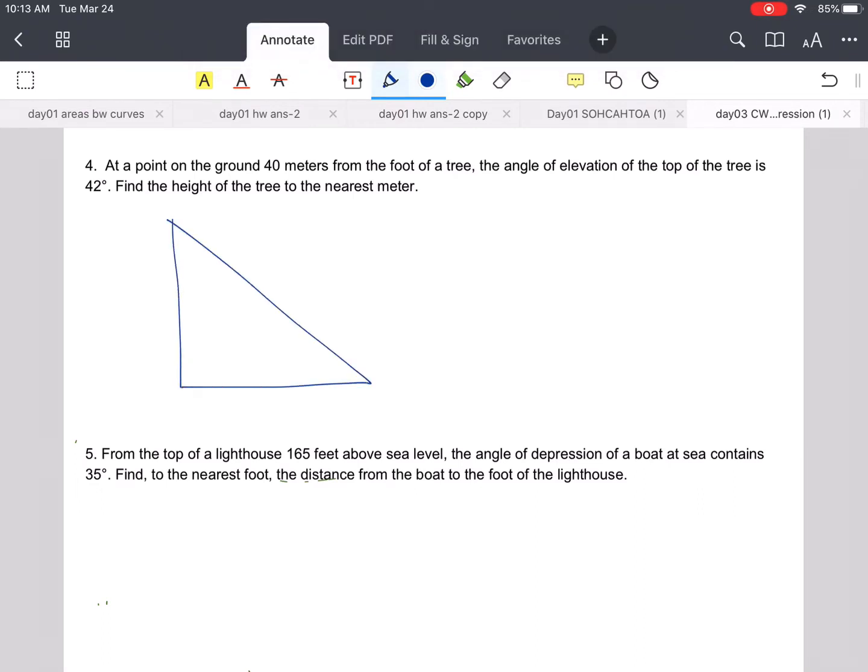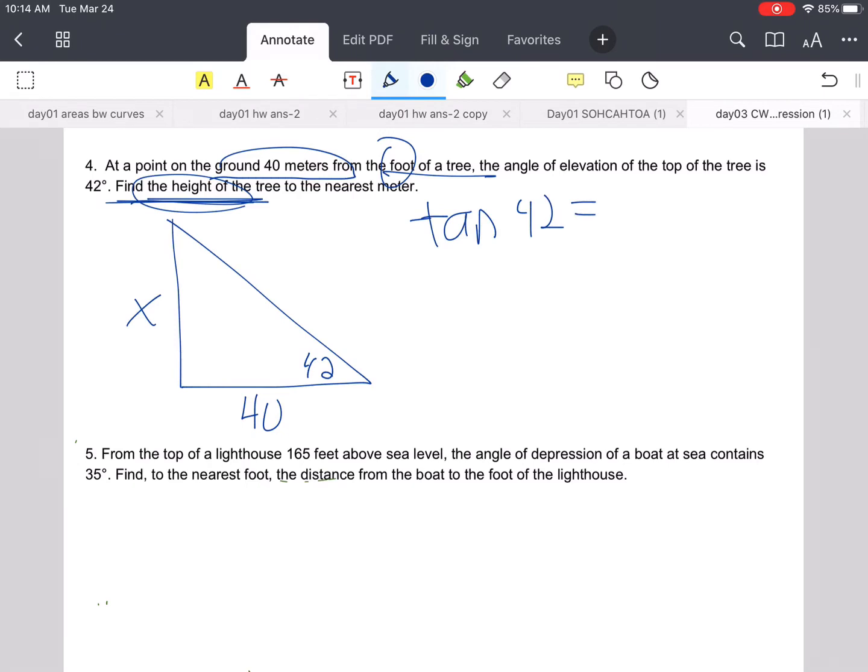Okay, so let's see, you have a triangle 40 feet from the foot of the tree, so that 40 goes down there, angle of elevation is 42, and find the height, that's x. So this is going to be tan of 42 is equal to x over 40.